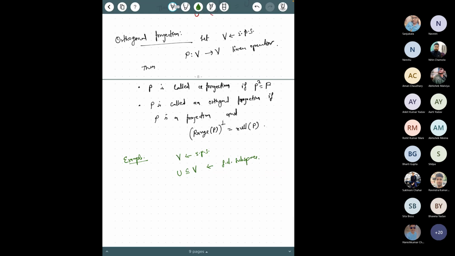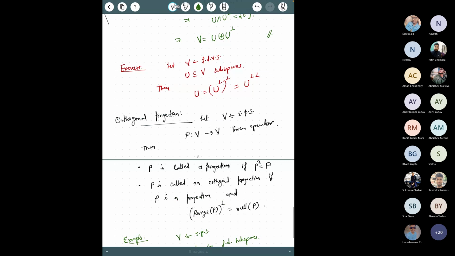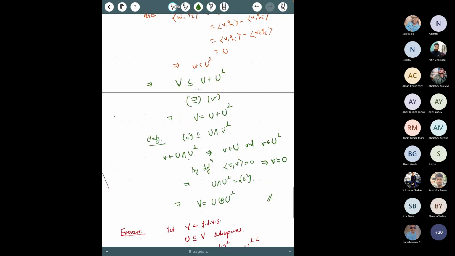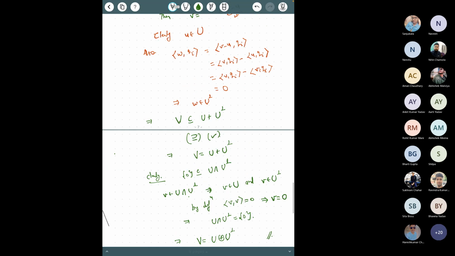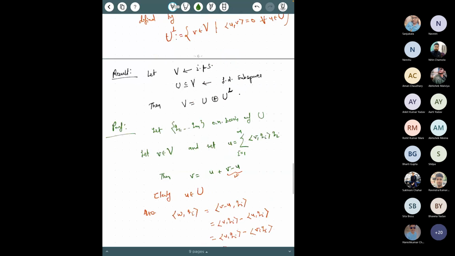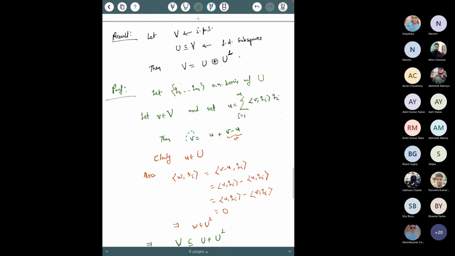Then, if you look at the proof of this, here also we have an inner product space and a finite dimensional subspace U. We can write V as a sum U plus W, where U is in U and W is in U perp. In this sum, the component U defines an orthogonal projection on this V.